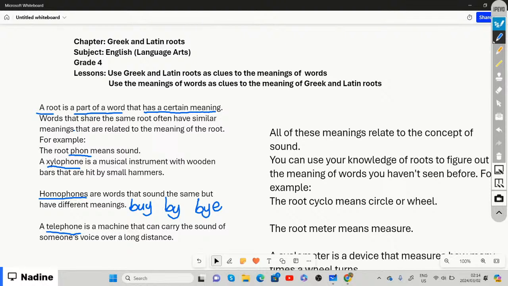A xylophone creates a sound with wooden bars. And the telephone carries the sound of someone's voice, which you hear in your ear, like those telephones that you put against the wall.